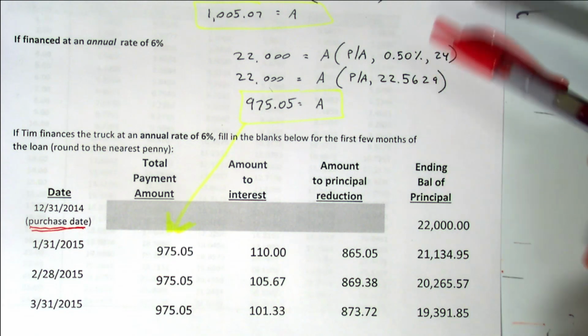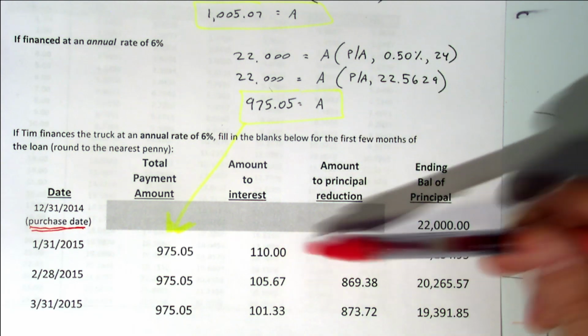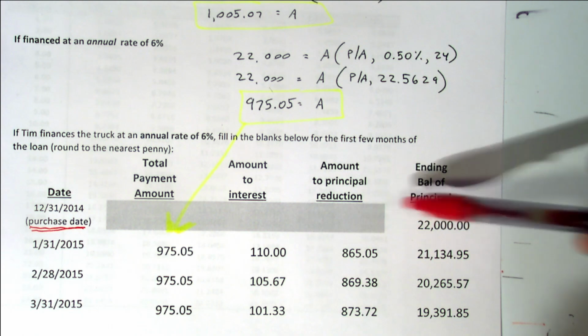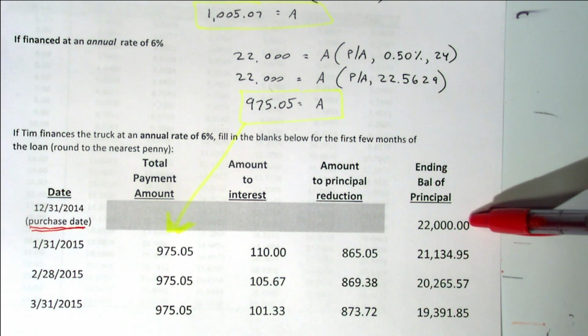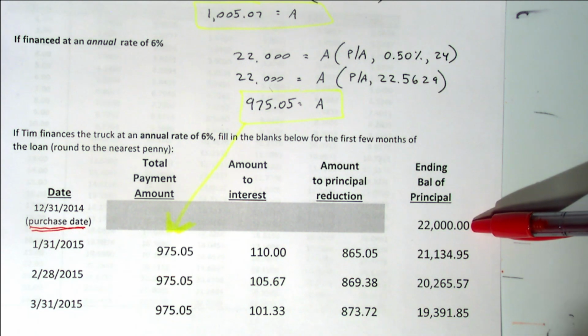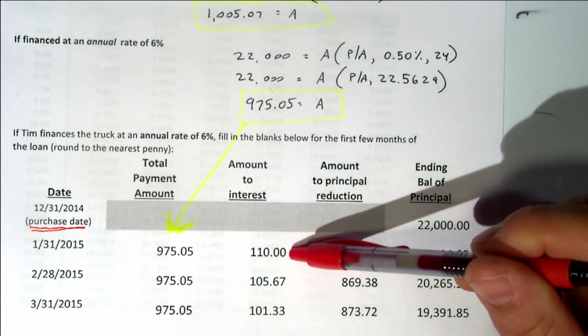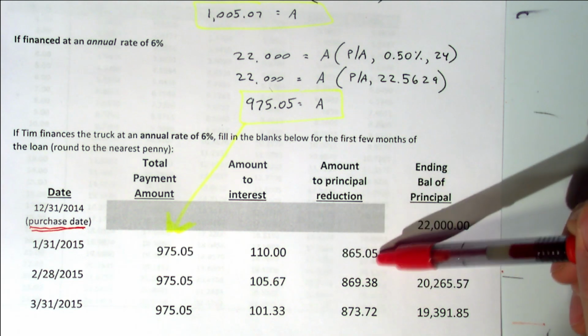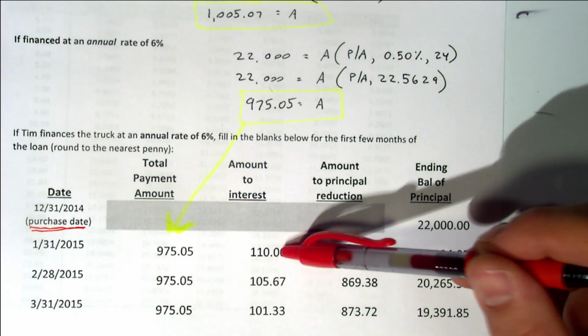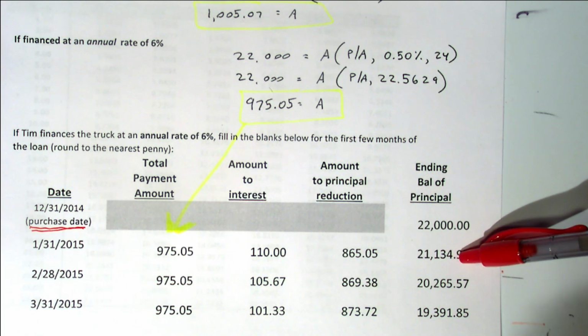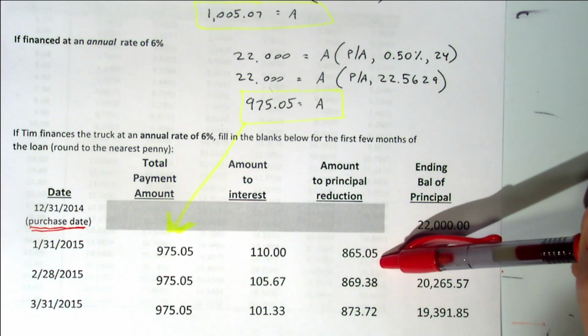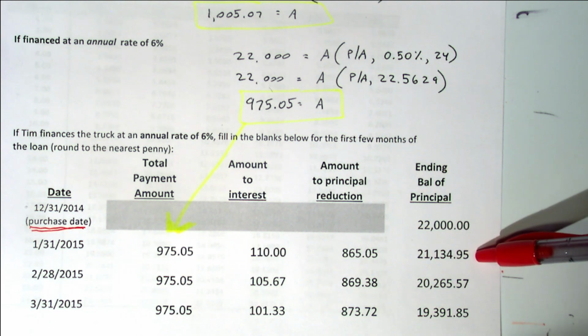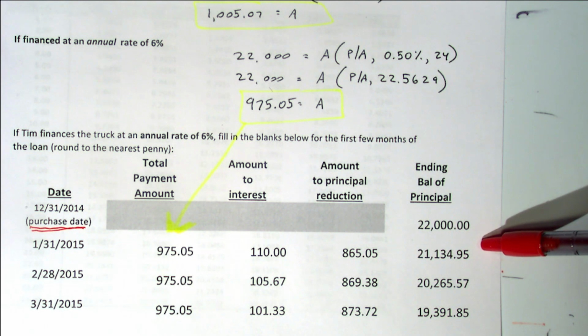We get this amount by taking 0.005 times this balance right here. So 22,000 times 0.005 is $110. This number here is just that minus that equals that. This number here is 22,000 minus 865.05 equals 21,134.95, right?